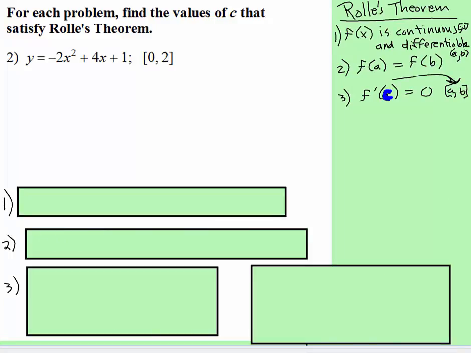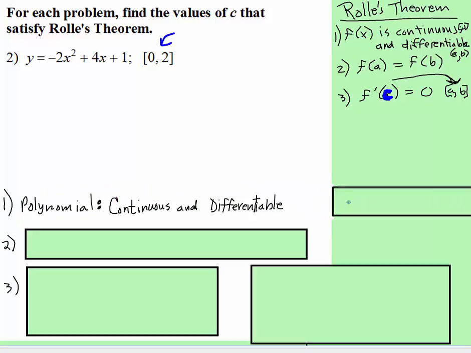For each problem, find the values of c that satisfy Rolle's theorem. So you have to determine if it's continuous on the closed interval, here's the interval right here, and differentiable on the open interval. Here's a tip: if the function is a polynomial, think about all of our parent graphs that we have on my board in the front of the room.